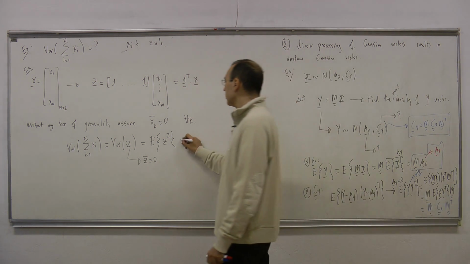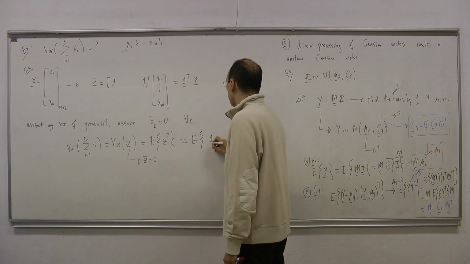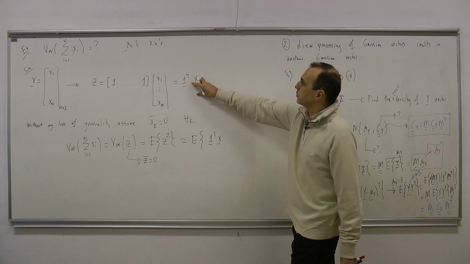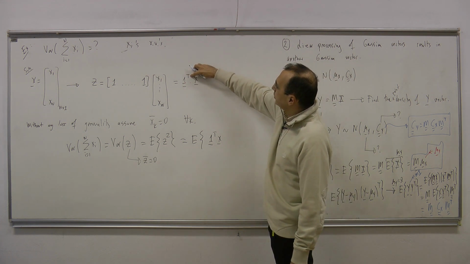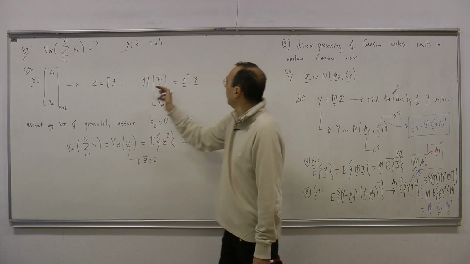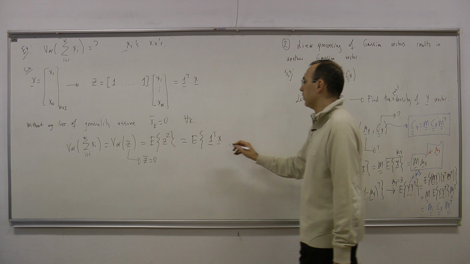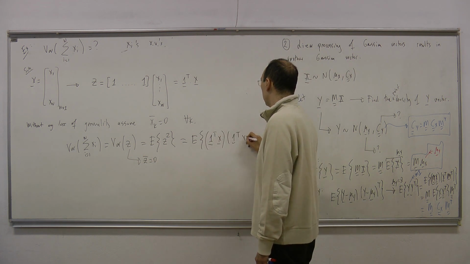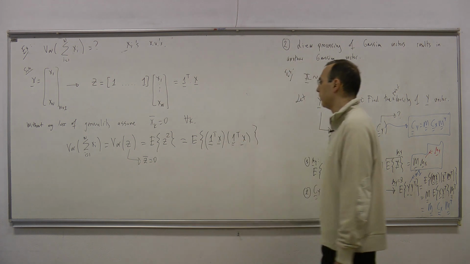So how can I do this? What is this 1 transpose? This 1 is a column vector. After you take the transpose, it becomes a row vector composed of all ones. So this is 1 transpose x. Now it's z squared.